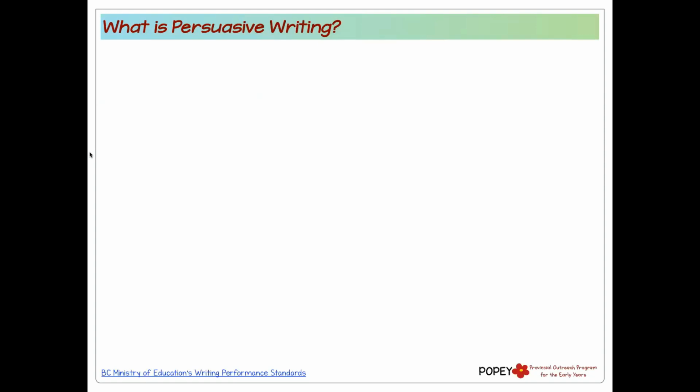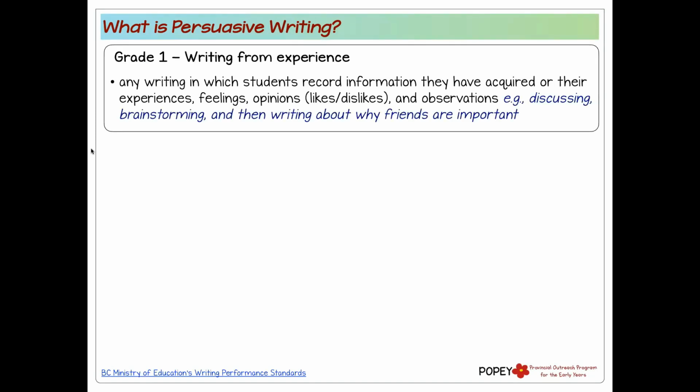And so when we look at the Ministry of Education and those writing performance standards, we look at where persuasive writing fits into the ELA curriculum and writing in particular. So for grade 1, it's considered writing from experience.